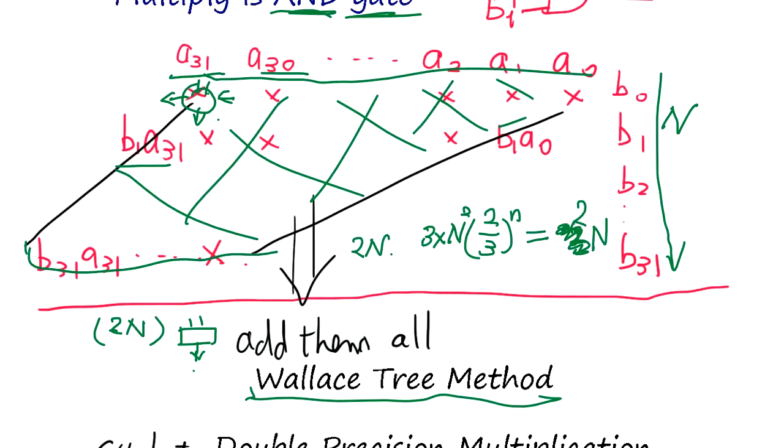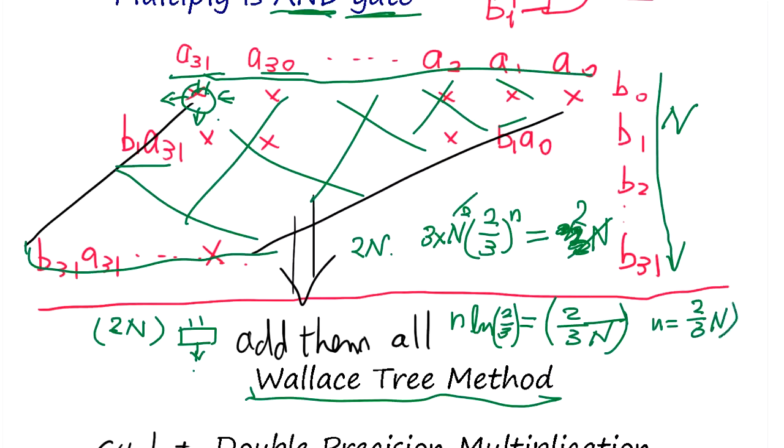If you take a log, the n disappears: 2 over 3 n equals n, so the number of stages you need is going to be log of n divided by log of 3 over 2.